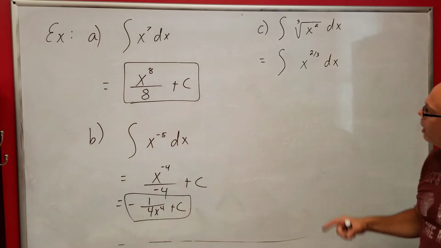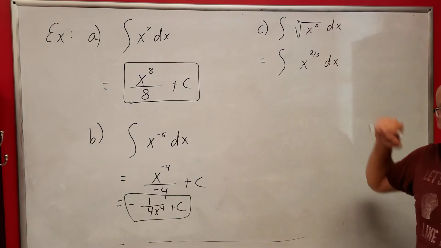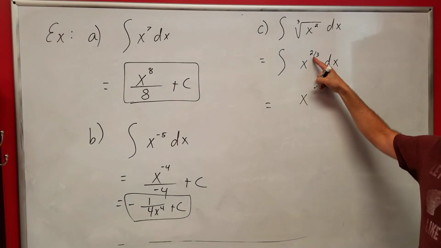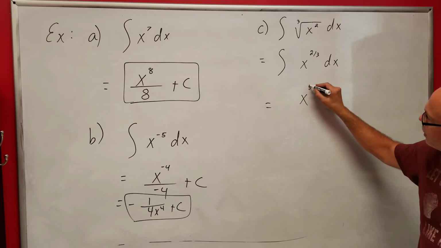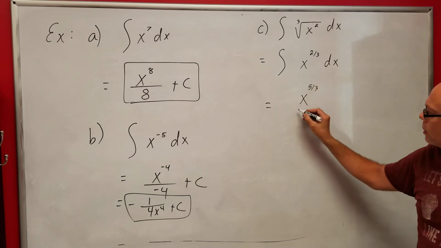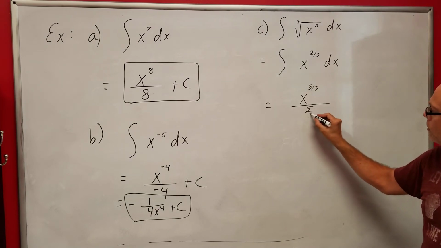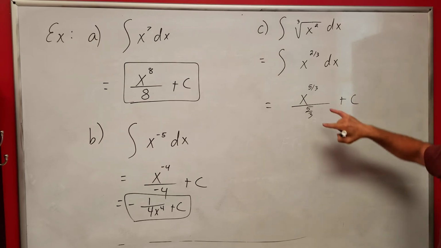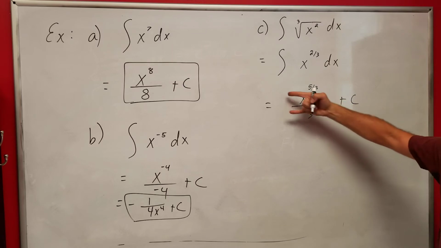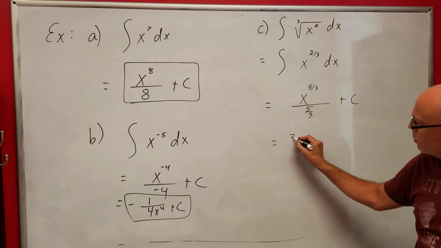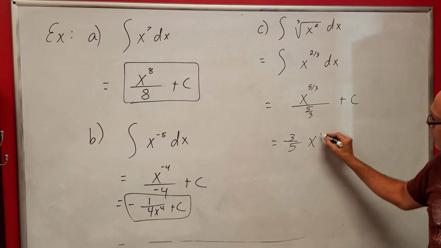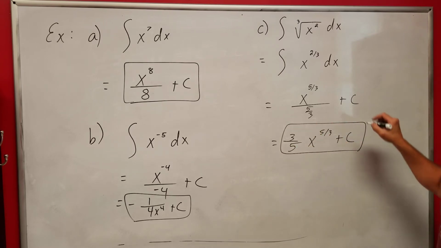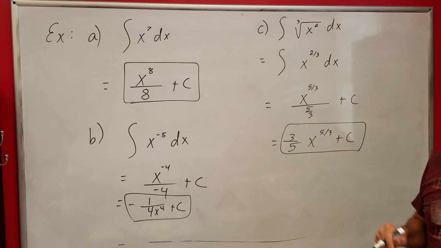Now, is that a power of x other than -1? Yes, it is. So what do we do? Add 1 to this number. If I add 1 to that number, I get what? 5/3. Divide by the new exponent of 5/3 and add your arbitrary constant. Well, we definitely don't want to leave it this way. We want to multiply by the reciprocal here. So we're going to say 3/5 times x to the 5/3 plus C is an antiderivative of this function, okay?